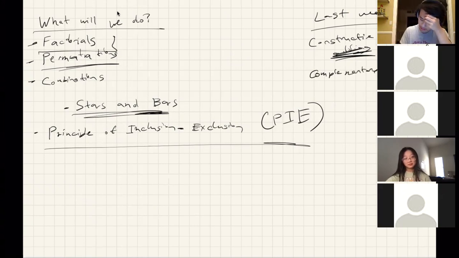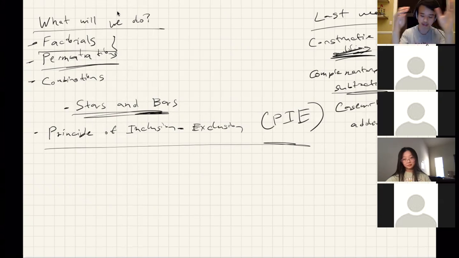Complementary counting is all about subtraction. You take the total and subtract the things you don't want, and you get the things that you do want. And casework is all about adding. You're splitting whatever you're counting into several groups, counting each of these individual groups, and summing the results together to get your final result.